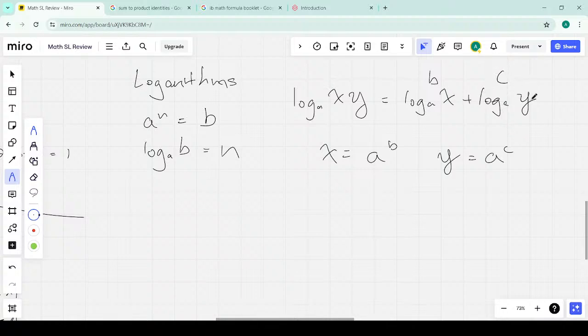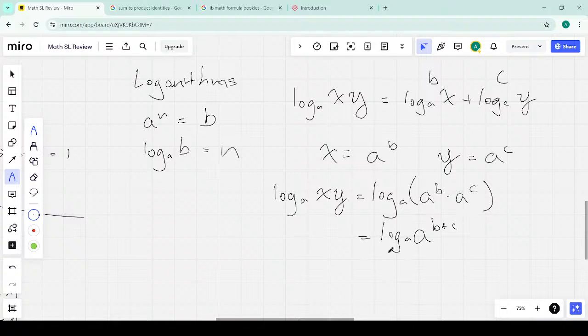Now the reason why x and y just multiply when you put them in the log is because of what you get with log a of xy. This is equivalent to log a of a to the b times a to the c, and that's log a of a to the b plus c, which is b plus c, which is what you have up here.